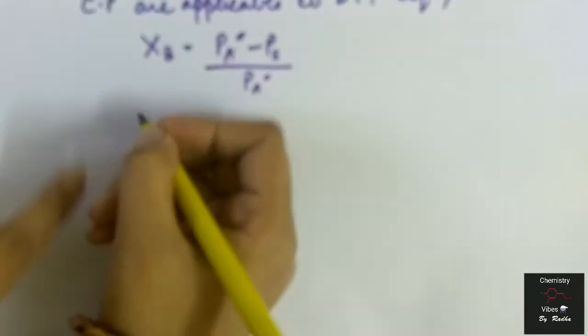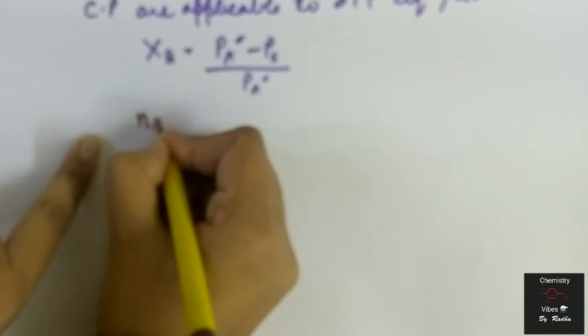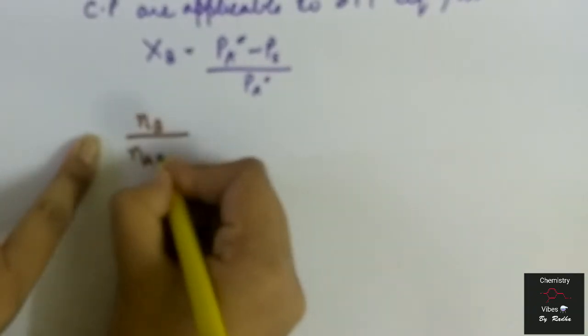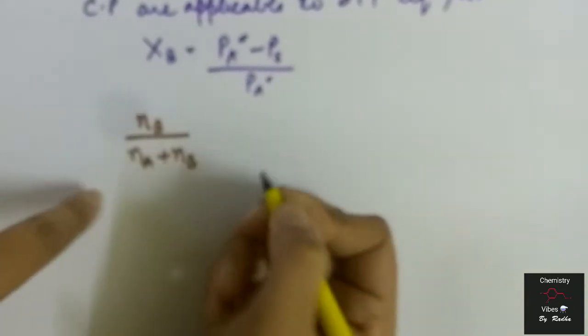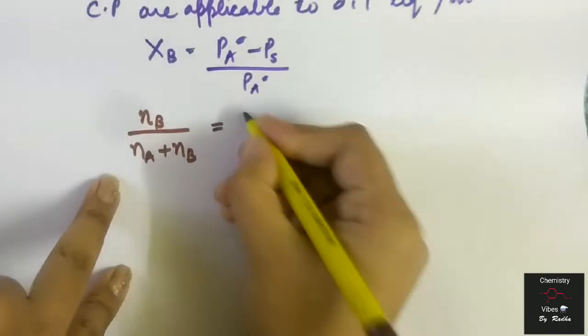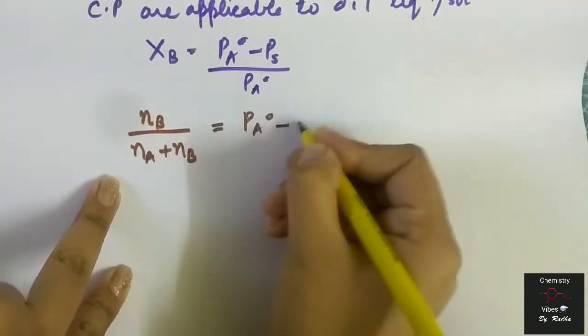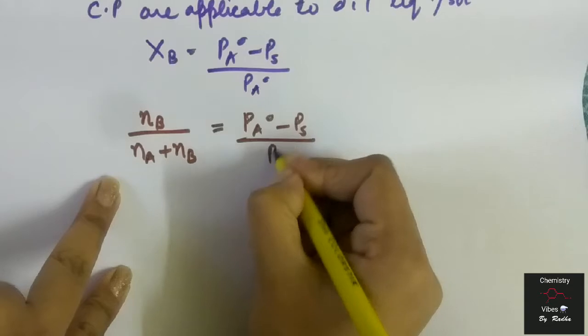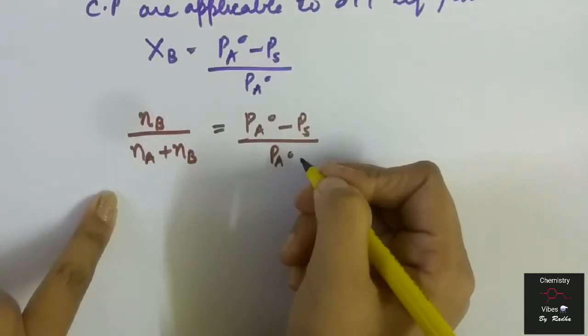Now can I write in place of XB, NB upon NA plus NB? I can write. This is the formula of XB. Then this will be equal to PA naught minus PS upon PA naught. I've just substituted the value of XB.